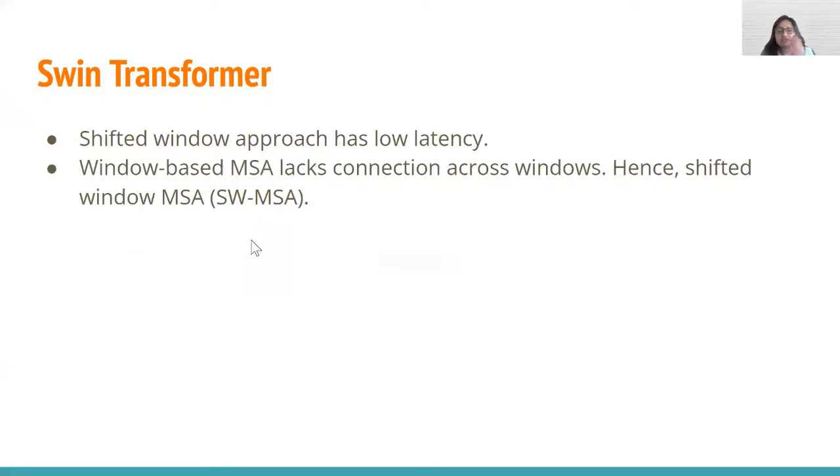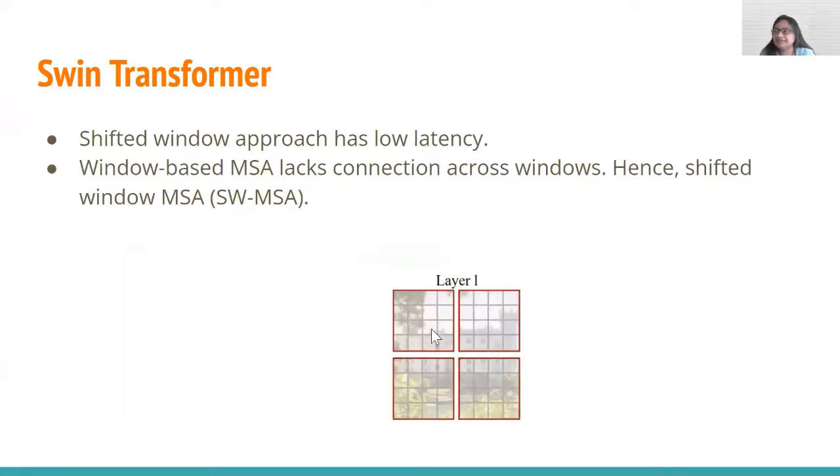Like I said, for attention, we're not computing the attention of the entire image. So we break the image into windows. Let's say the layer 1. There are two layers in the architecture for self-attention. In the first layer, this is how you make 4 different windows. This is the windowed thing.